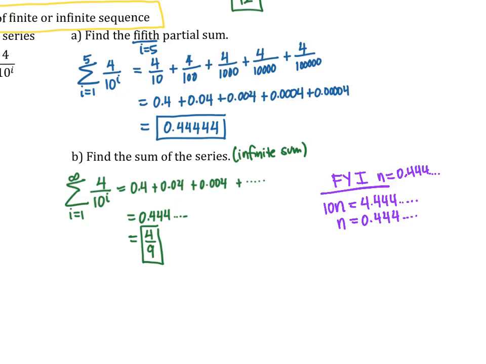Then what am I going to do? I'm going to subtract these. Now if I subtract this, 10n minus n is 9n. 4.4444 forever minus 0.444 forever gives me 4, which gives me n equals 4/9, which means that 4/9 in fact does equal this. Okay, and that's just for fun information.